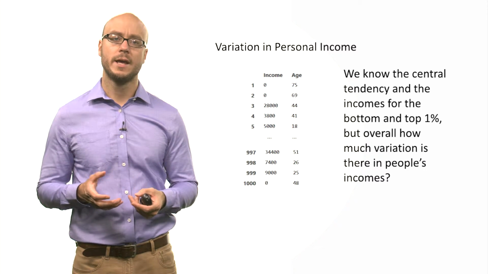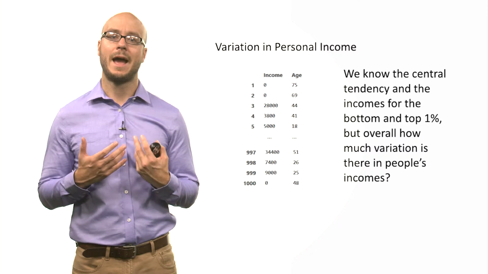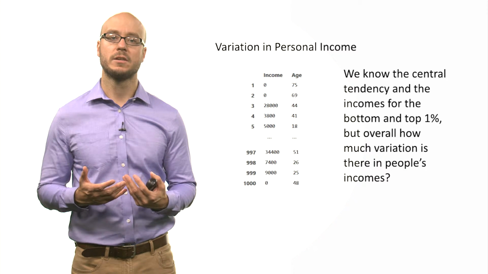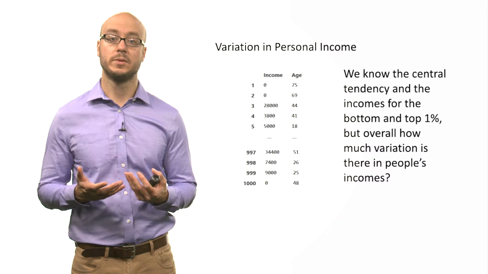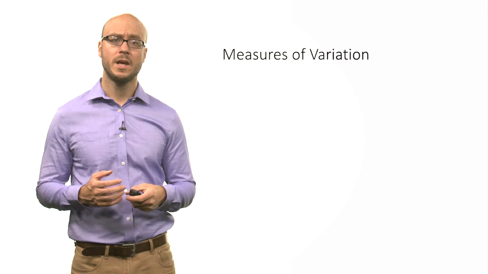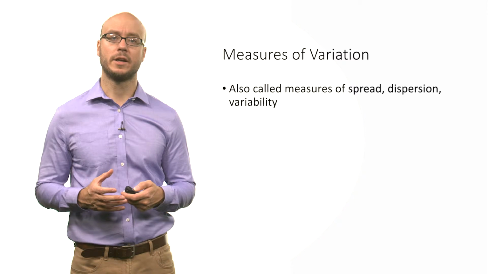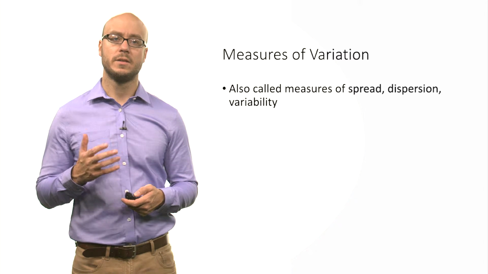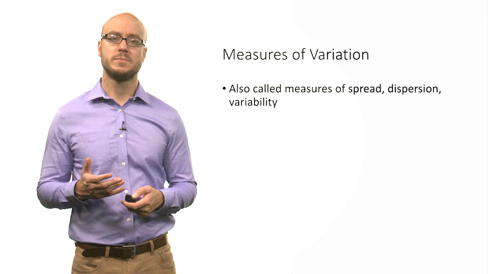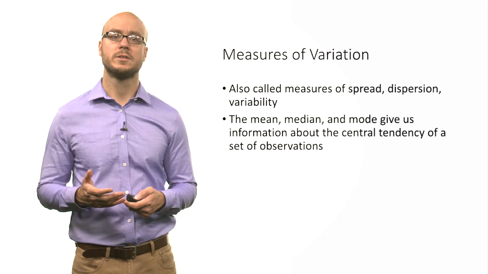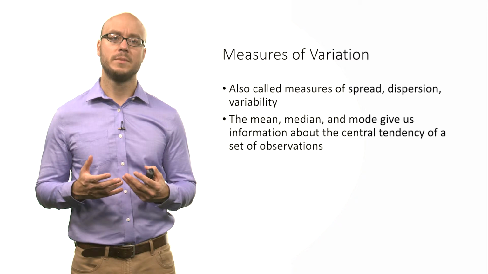To put it another way, we might want to ask how much variation is there in the income of people in this data set. Well, there are several different ways of talking about measures of variation. As I mentioned earlier, these measures of variation are known as spread, dispersion, variability. That all means the same thing.